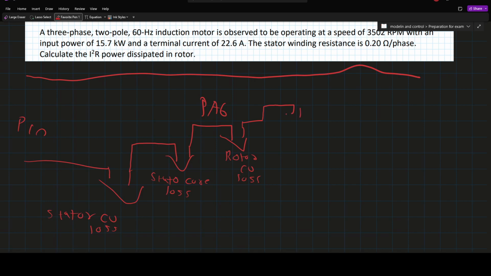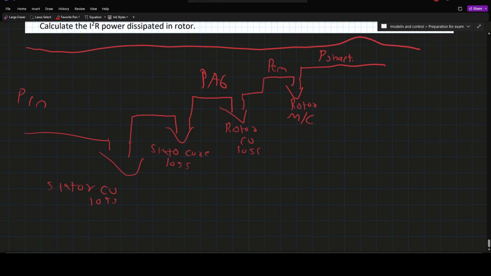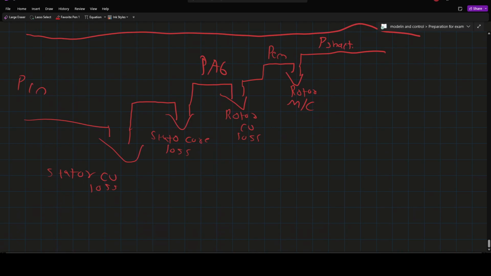Then after the rotor copper loss from the air gap power, we know that the rest is our electromechanical power. And then we have the rotor mechanical losses. Whatever is left is the power out, or the power in the shaft. Okay, so this is the power flow in an induction motor.